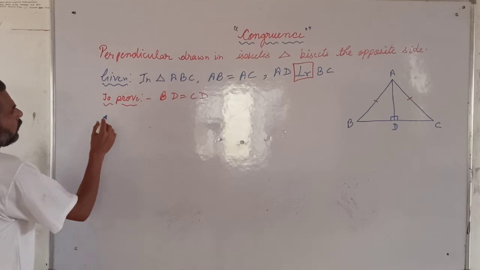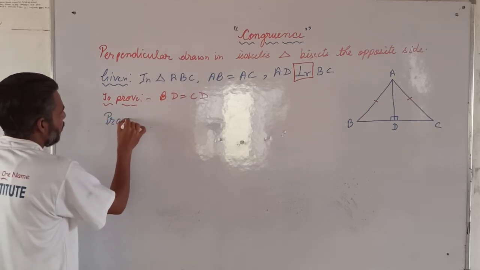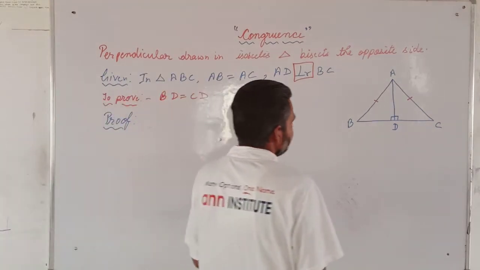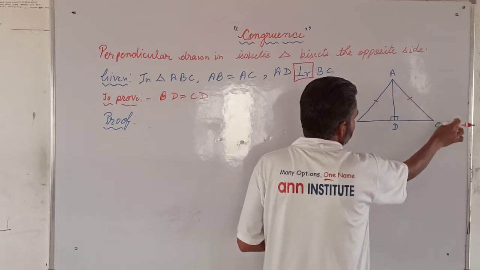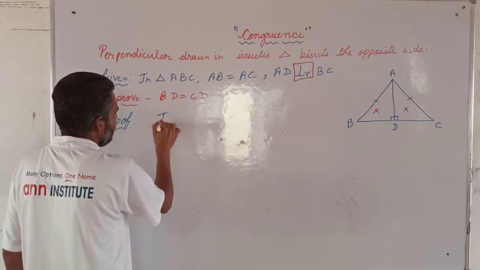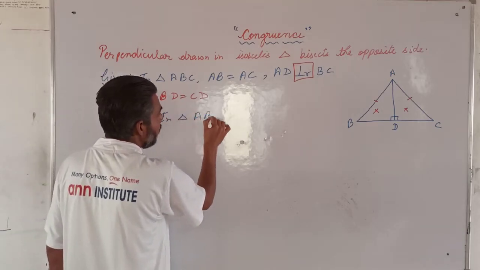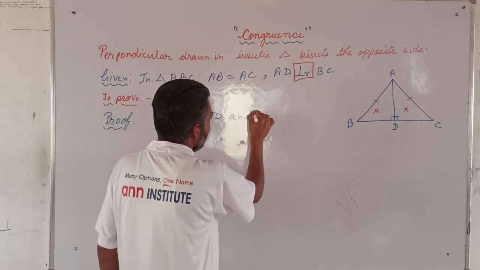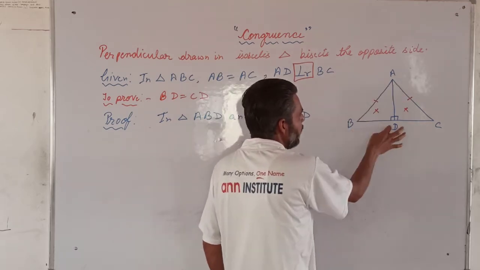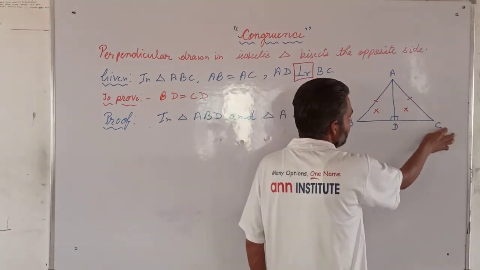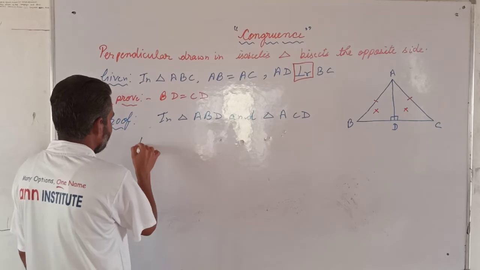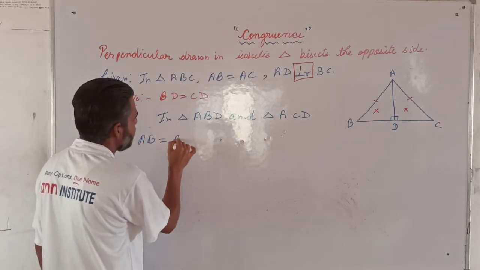Now we will write the proof. We take two triangles, ABD and ACD. This triangle and this triangle. So we will write, in triangle ABD and triangle ACD, AB is equal to AC.